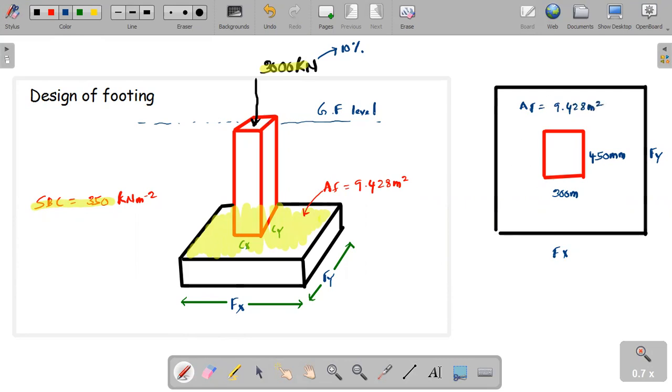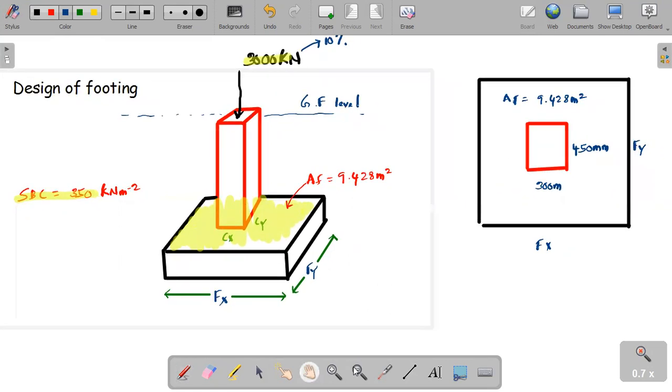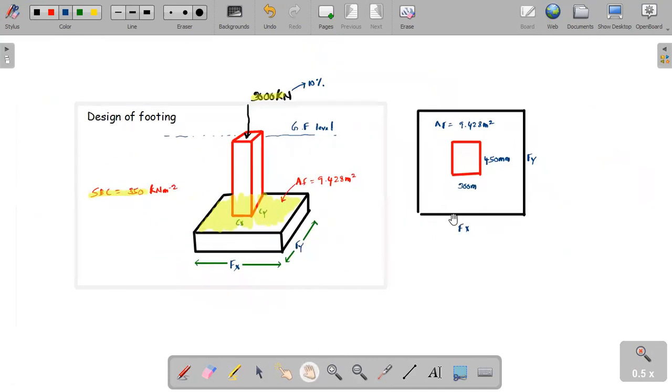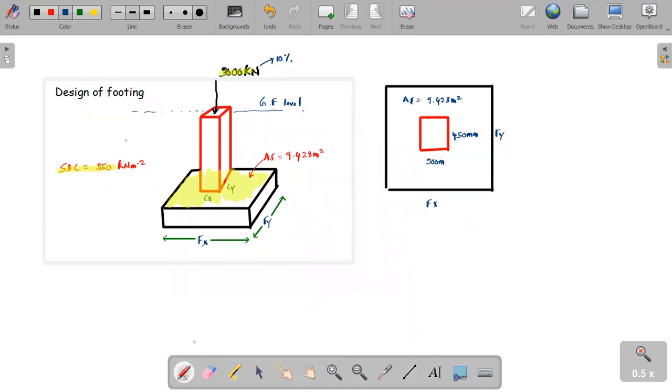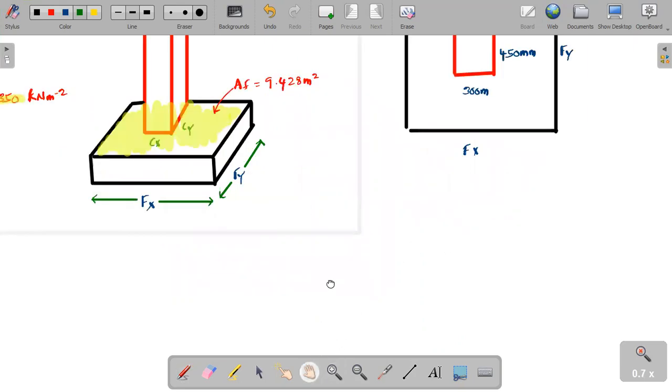So this is the area. Now we are going to find fx and fy. And you should remember this one, the column is not a square type. This is just a rectangular type. So first of all, I will find how to find fy.